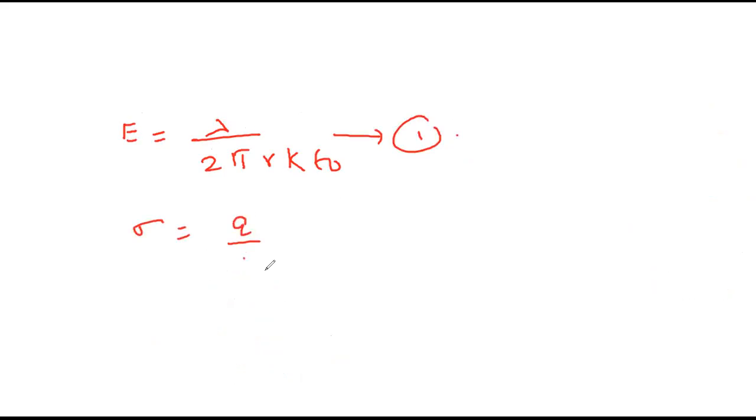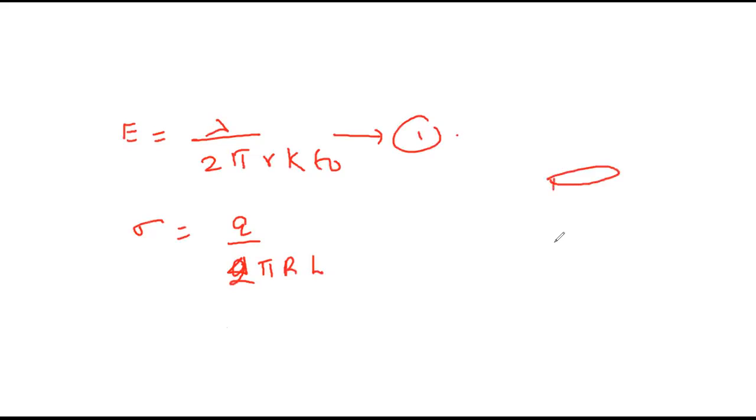So here I am doing E is lambda upon 2 pi R K epsilon naught. This much you follow? First equation. Now sigma is what? Charge upon area. What is area of cylinder? 2 pi RL.